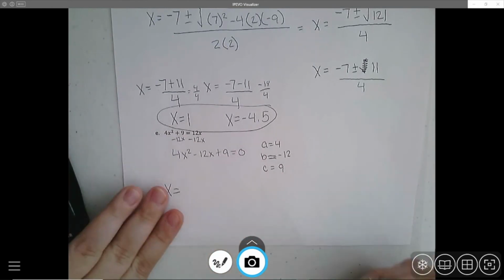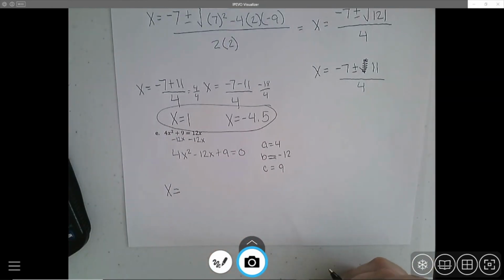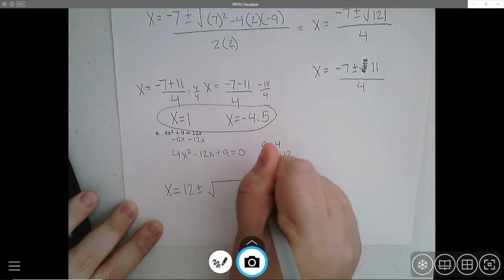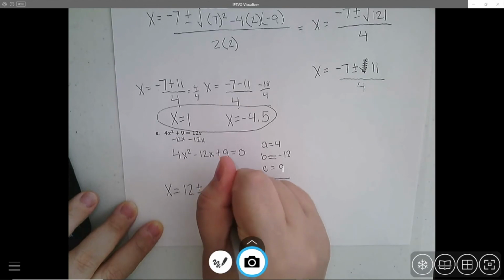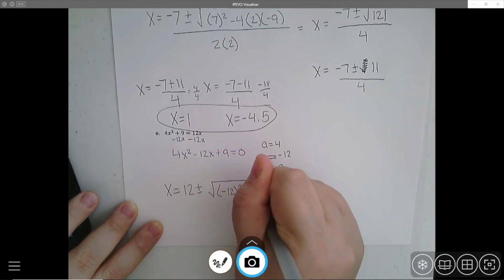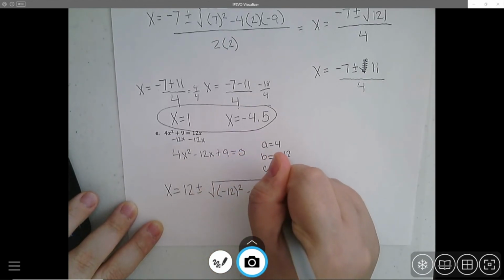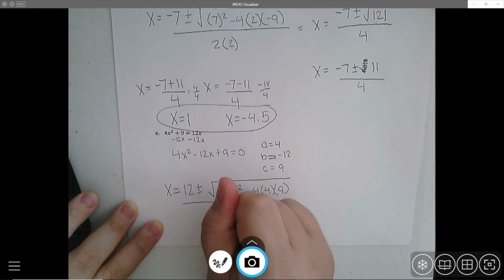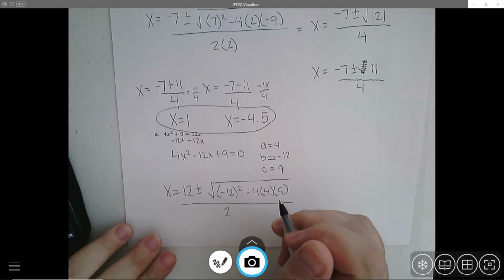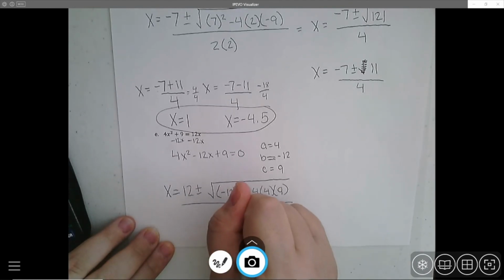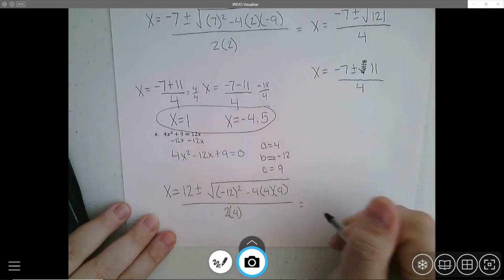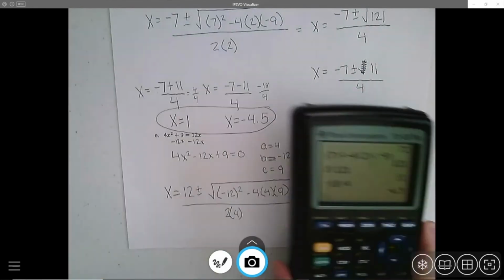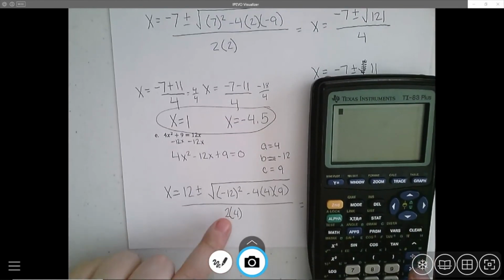X equals negative B at the beginning, which really means the opposite of B. So the opposite of negative 12 is a positive 12, plus or minus the square root of B squared, negative 12 squared, minus 4 times 4 times 9, all over 2A, 2 times 4.